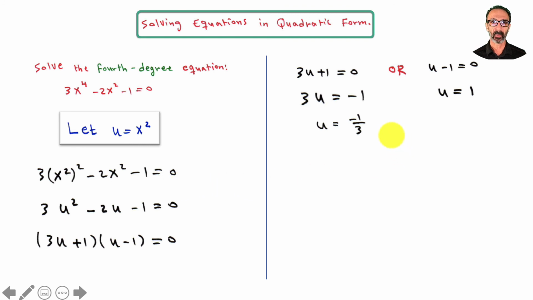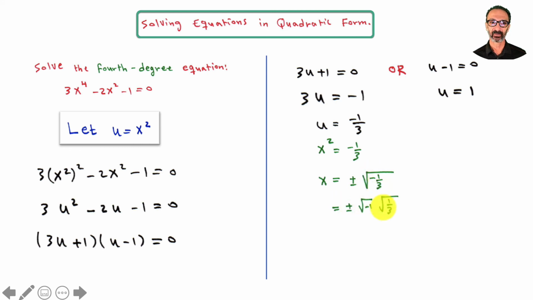We need to go back and use x. So this is x to the second equals negative 1/3. Take the square root of both sides with a plus minus, and that's the answer. But a square root of a negative number is a complex number.